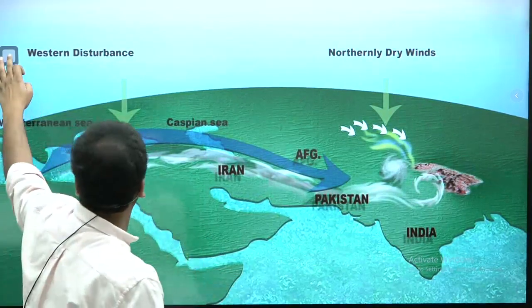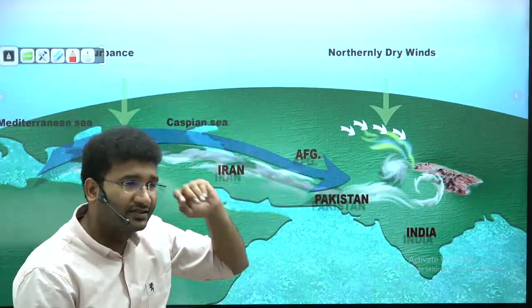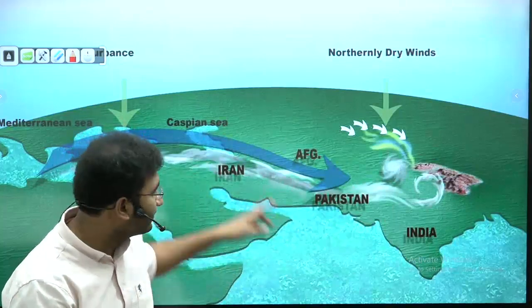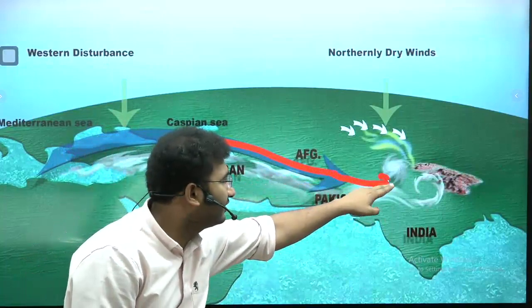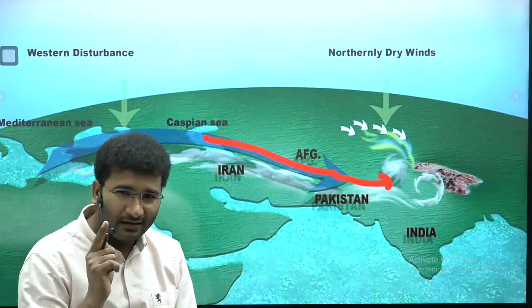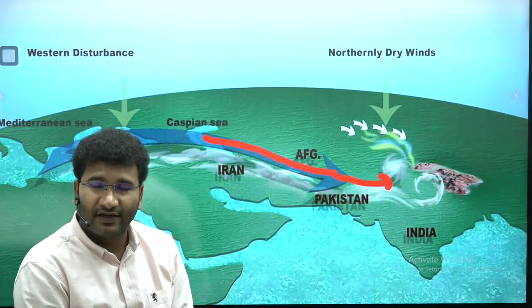So Rohit's question is, sir, 2 months ago when there was rain, why was there so much rainfall in Kullu and the Himalayan areas? It is because, imagine this is your jet stream. This jet stream is bringing temperate cyclones here, right? And during the months of June, July, August, where is our ITCZ?